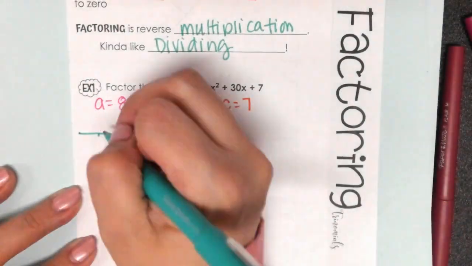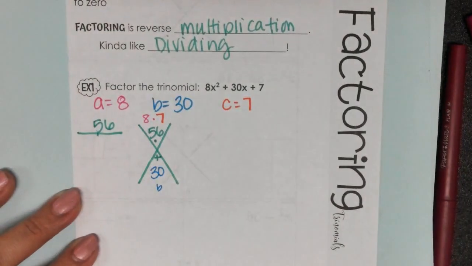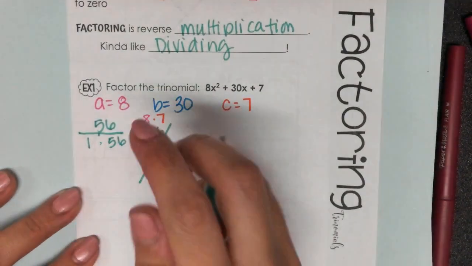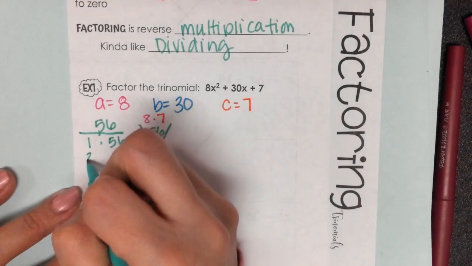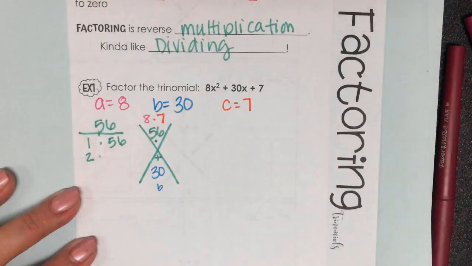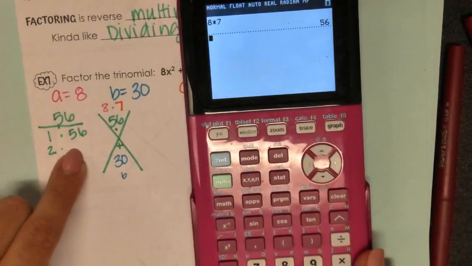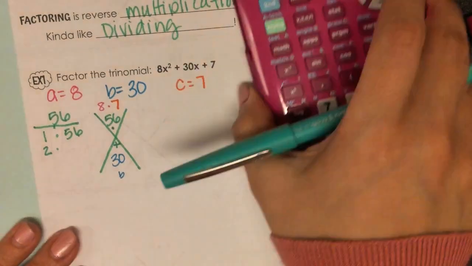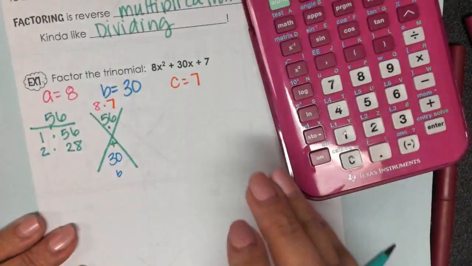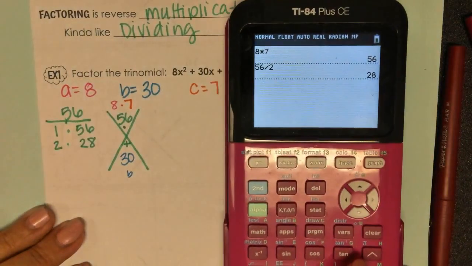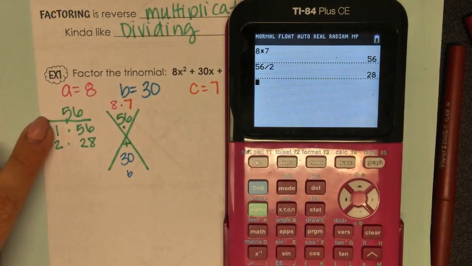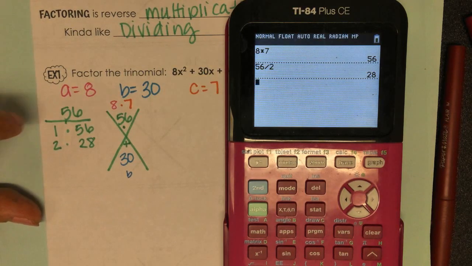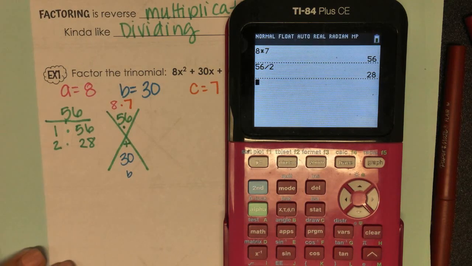So I want to see what two numbers can give me 56. And obviously we start off with 1 times 56. 2 can go into this because 56 is divisible by 2. So 2 times 28. Three cannot go into 56 because by my rules of divisibility for 3, if I add my two digits, 5 plus 6, that's 11, and 11 is not a number divisible by 3.